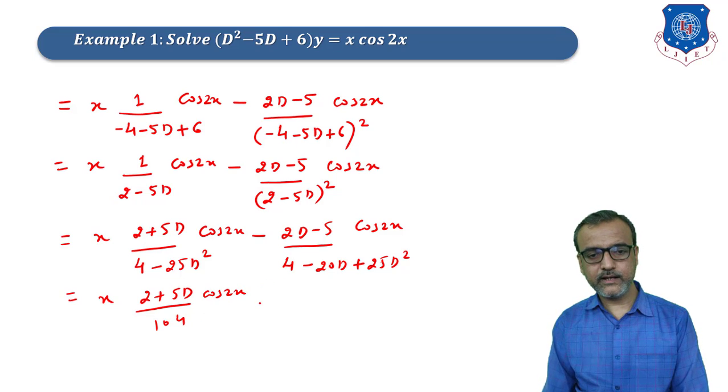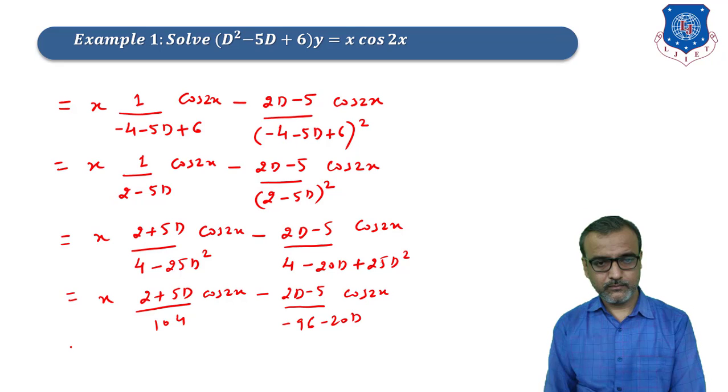Then after minus 2d minus 5 divided by, again replacing d square by minus 4. So 25 into minus 4, minus 100, 4 minus 100, that is minus 96, minus 20d, cosine of 2x. Now this is equals to x.